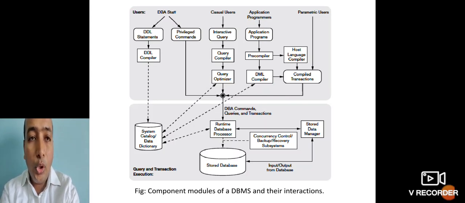For interacting with the stored database and the runtime database processor, you have a manager called the stored database manager. This stored database manager performs a lot of activities. Among them, this DBMS architecture holds a lot of facilities also.